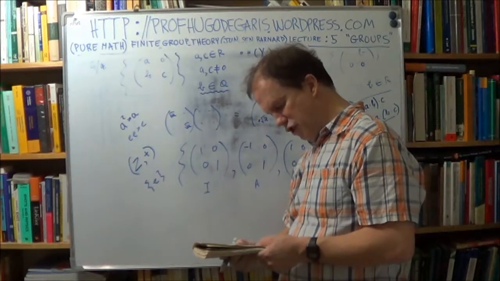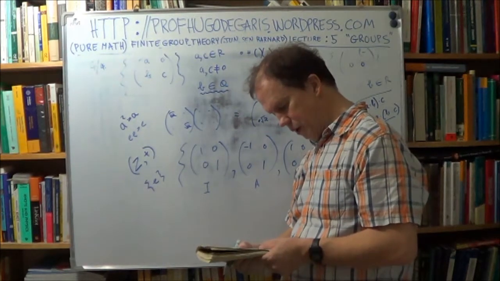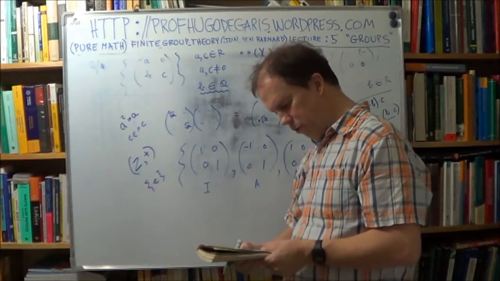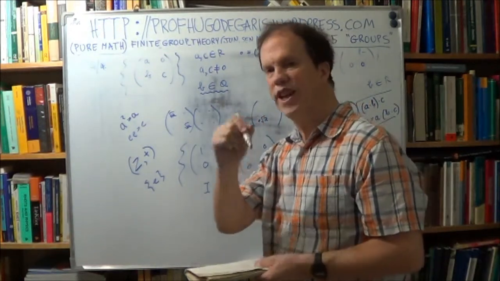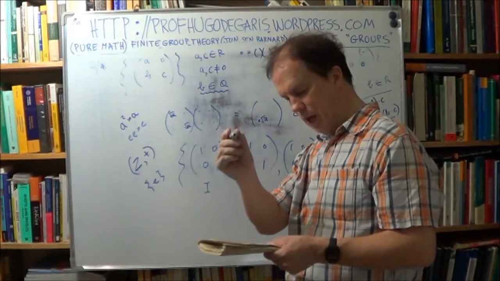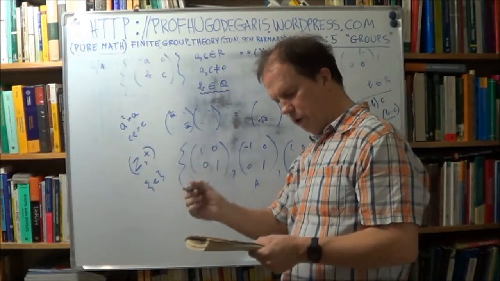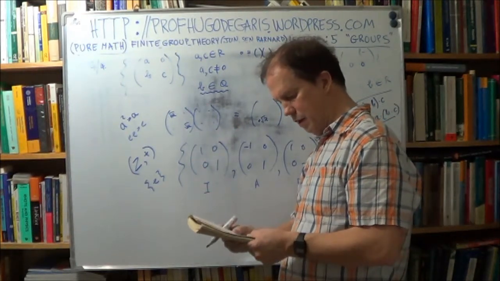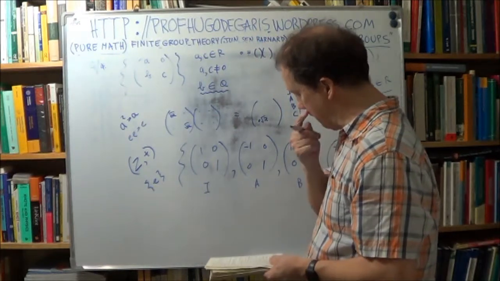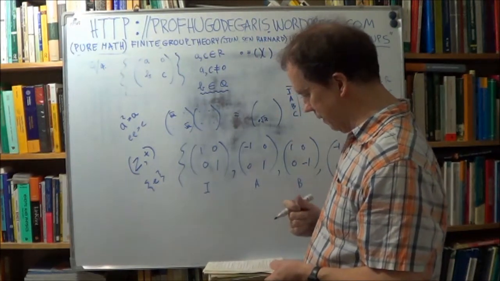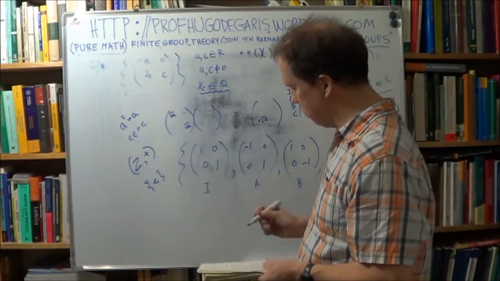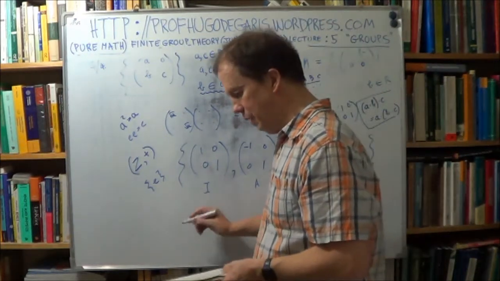Okay, part 5. No element of a group has order 1. Now we're talking about the order of an element, not the order of a group. That's not true. Let's find a counterexample.